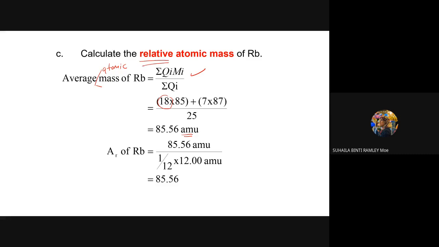Now we want to calculate the relative atomic mass, which has no unit, because the unit cancels by comparing with 1/12 the mass of carbon 12.